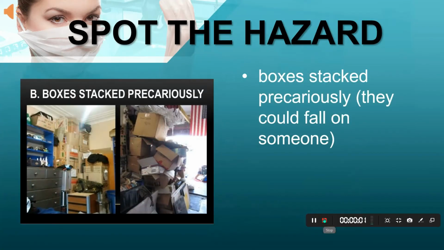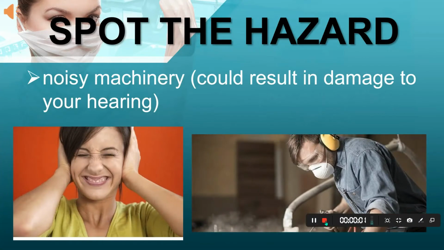The second picture in spot the hazard are boxes stacked precariously. They could possibly fall on someone. The third picture is noisy machinery that could result in damage to your hearing.